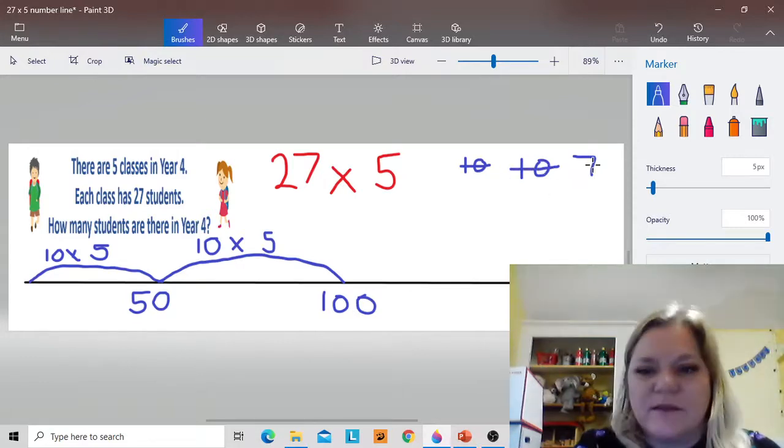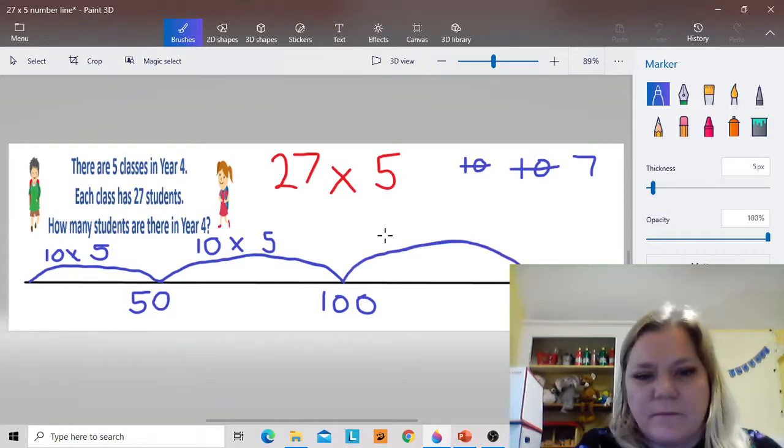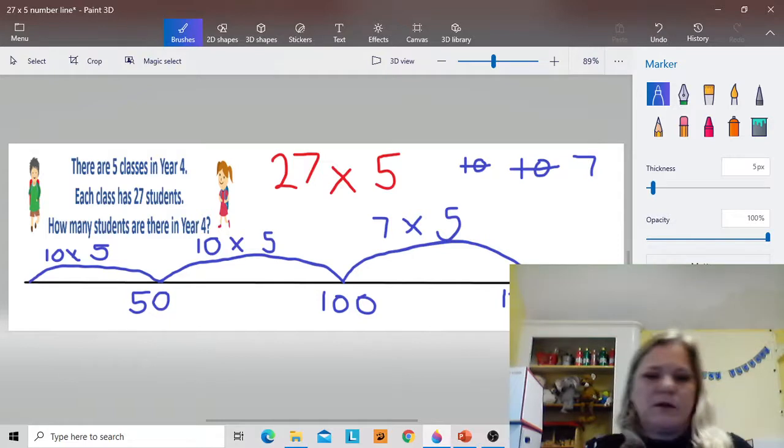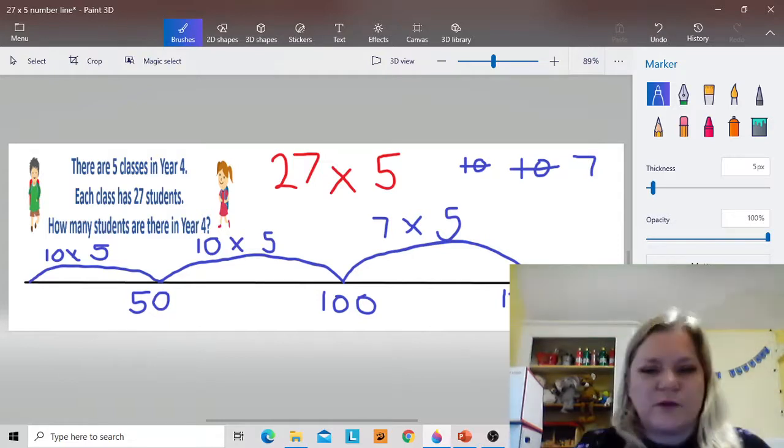And then we've got 7 left to multiply by. So we do 7 times by 5, which equals 35. So we have to add the 35 onto this 100, and that gives us 135. So 27 times by 5 equals 135.